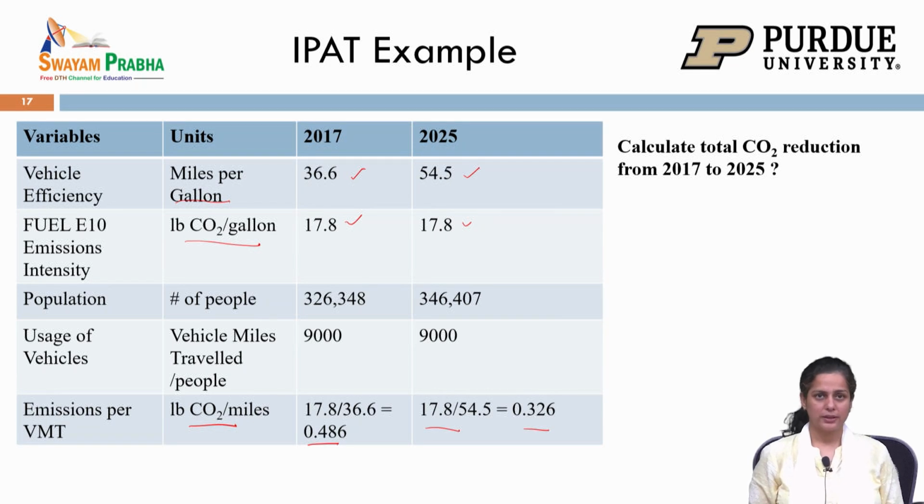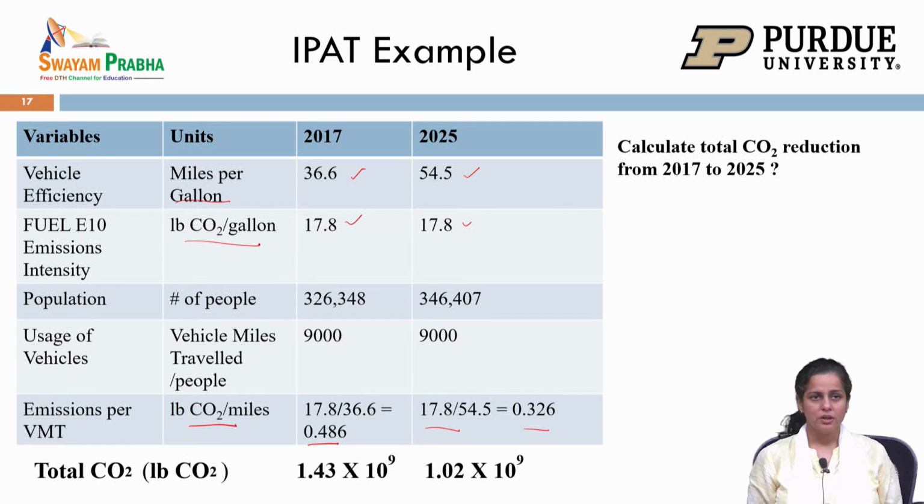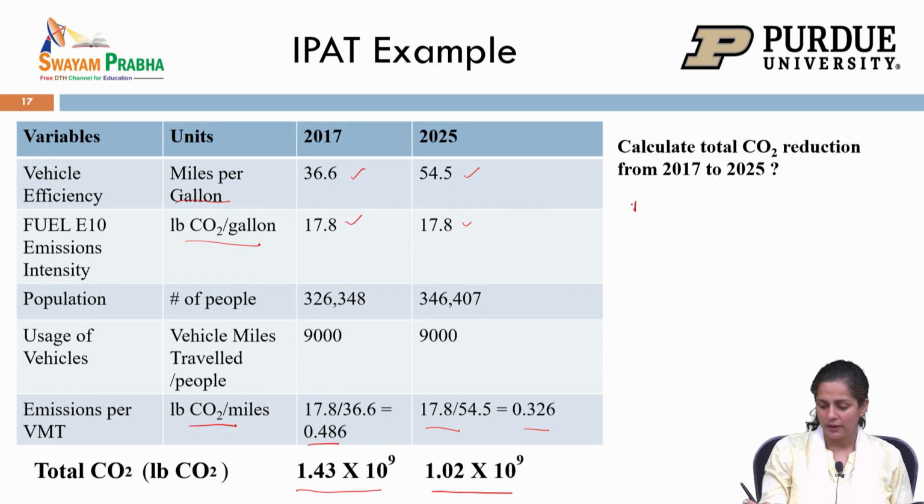Alright, let us look at the solution now. The total CO2 emitted is 1.43 into 10 to the power 9 for 2017 and 1.02 into 10 to the power 9 for 2025. Let us see how we calculate it. We have the impact given by population times affluence times technology.